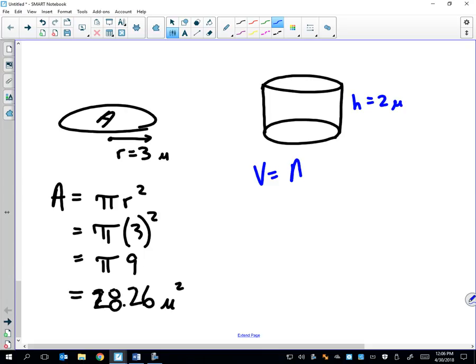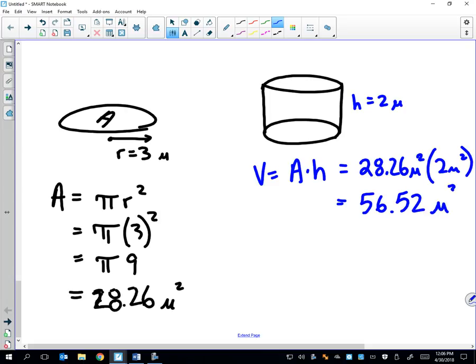Volume is equal to area times h, which is 28.26 units squared times 2 units. I might be able to do this one in my head. 56.52 units cubed.